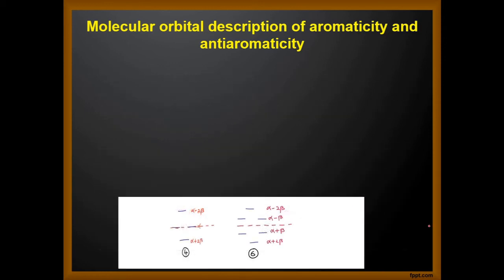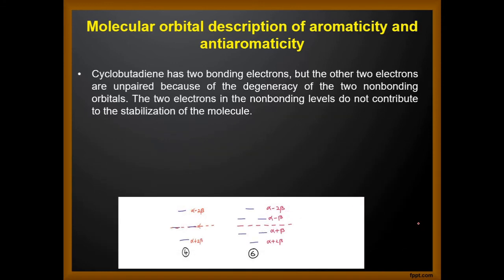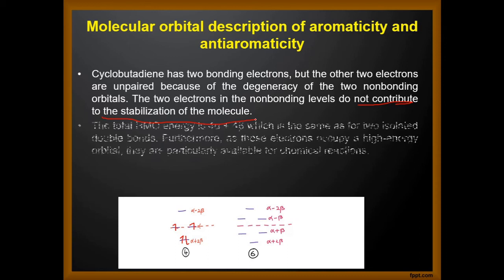So cyclobutadiene has 2 bonding electrons, but the other 2 electrons are unpaired because of the degeneracy of the 2 non-bonding orbitals. The 2 electrons in the non-bonding levels do not contribute to the stabilization of the molecule.